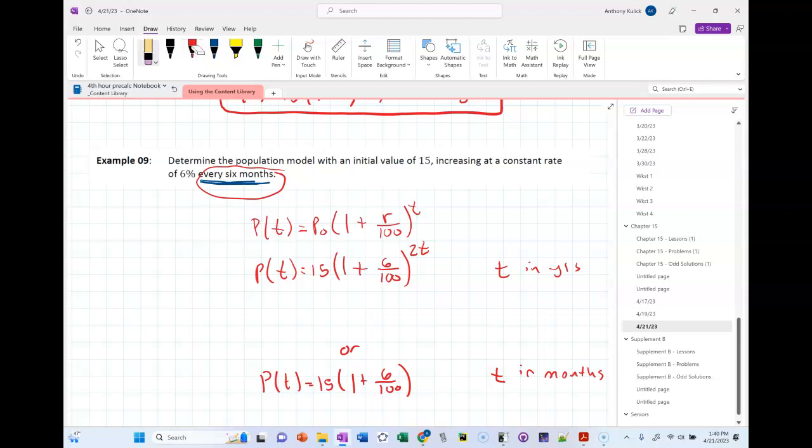Okay. How often does 6 months happen inside of 1 month? Well, not exactly 0. It's like 1/6, right? I get 1/6 of a 6-month period in 1 month. Everybody agree with that?